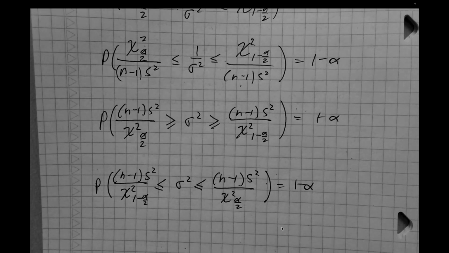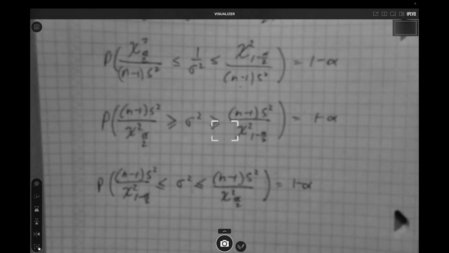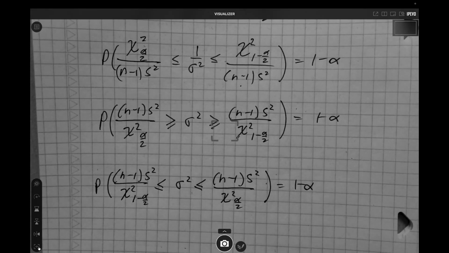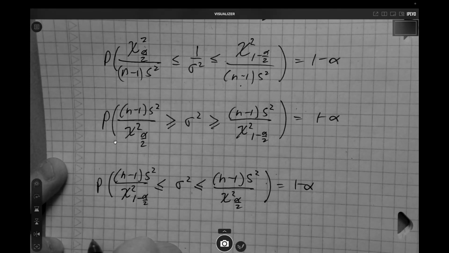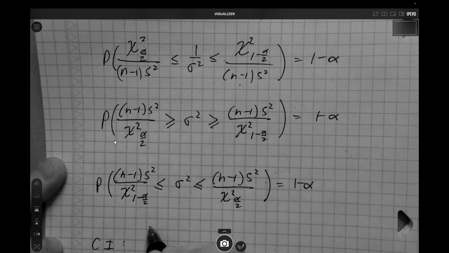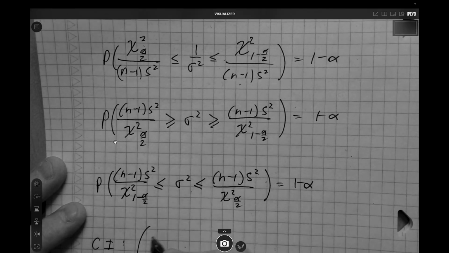Okay, and so this gives us the exact form of our endpoints, right? And so this one looks a little bit different than the previous examples when we had large sample confidence intervals for the mean and small sample confidence intervals for the mean, right? There we had z statistics and t statistics. Here we are using a chi-squared, so the form is different, but our confidence interval then is, this is our lower bound.